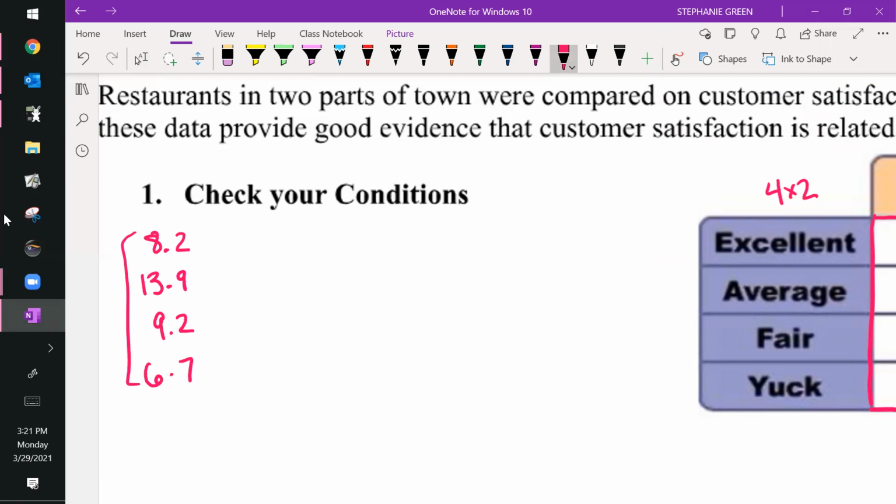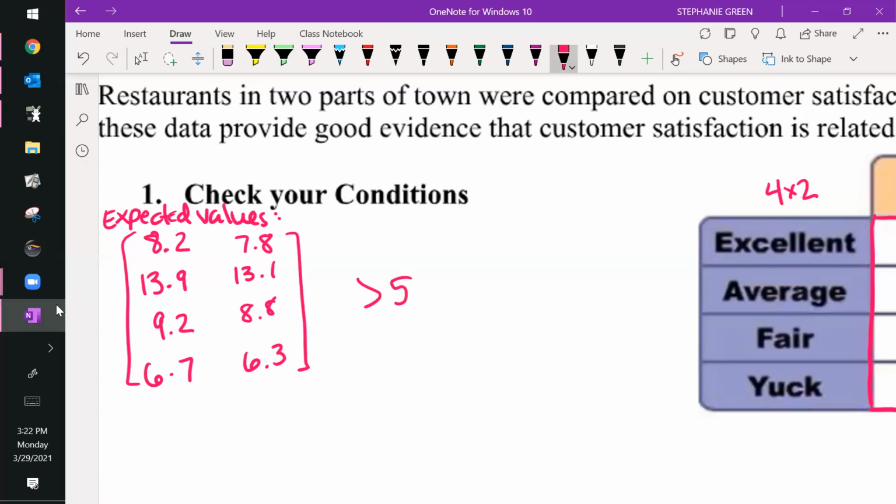Should have written expected values somewhere. I'll label what I got. These are expected values. And my second column for Pleasant Valley is 7.8, 13.1, 8.8, and 6.3. So these are all greater than 5, which means we're good to go.